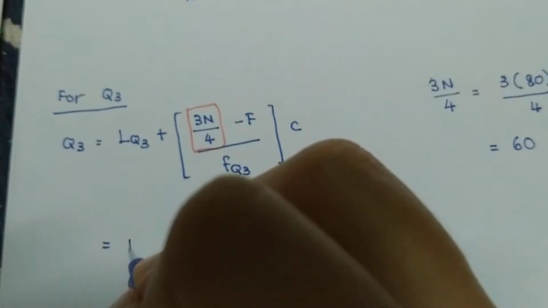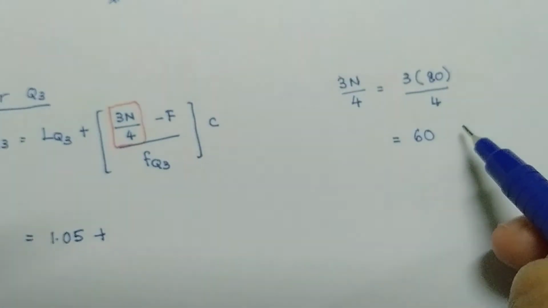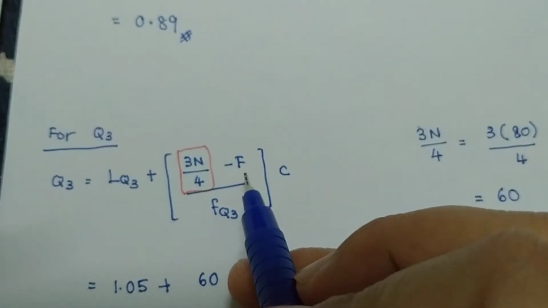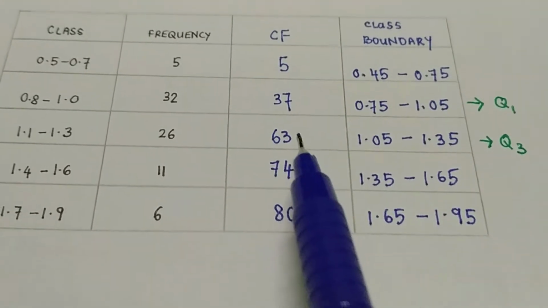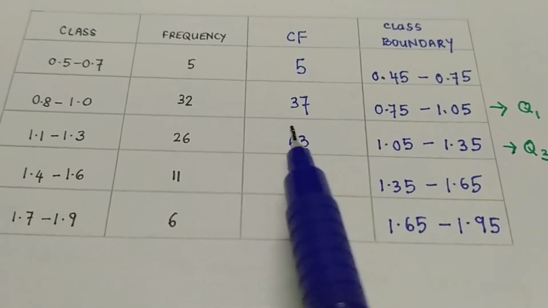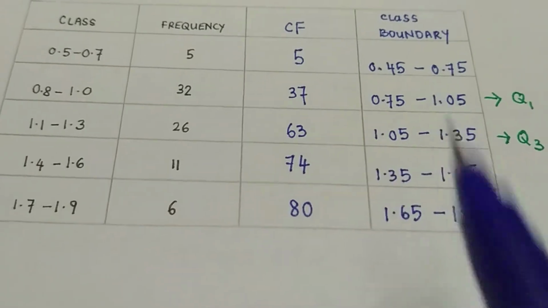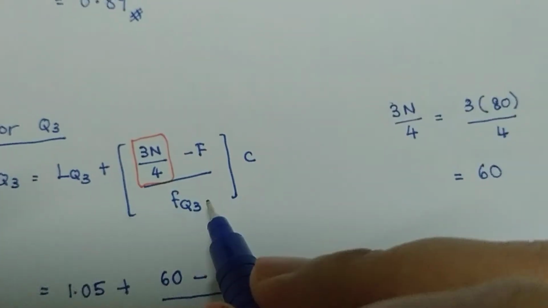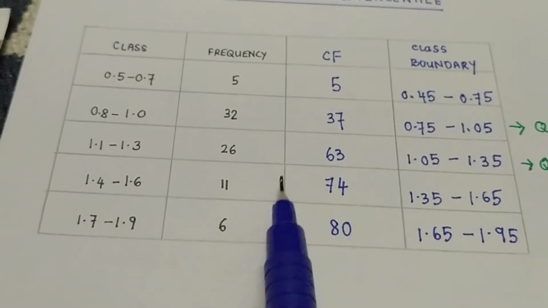Then plus 3n over 4, which we already got as 60, minus the cumulative frequency before the Q3 class, that is 37, divided by the frequency of the Q3 class, which is 26.